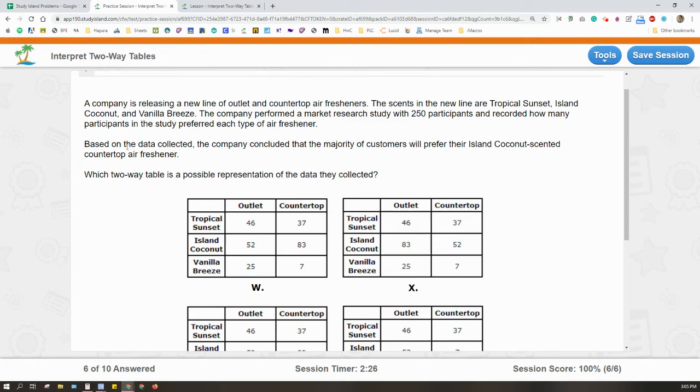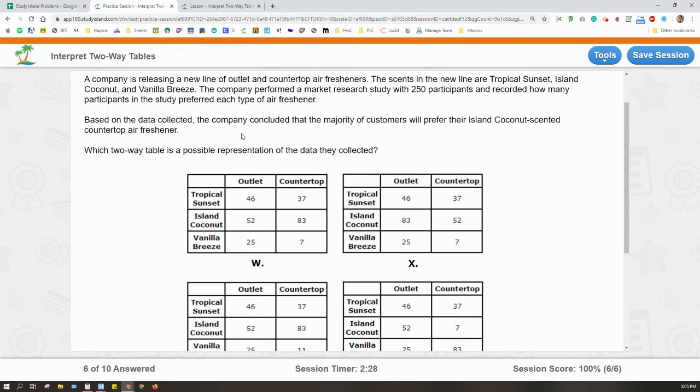So we are looking for the data for a table that supports the company's conclusion that a majority of their customers will prefer their Island Coconut scented countertop air freshener. And remember, it has to have 250 participants. It's very important. So the first thing, let's look for which table prefers the Island Coconut scented countertop air freshener.